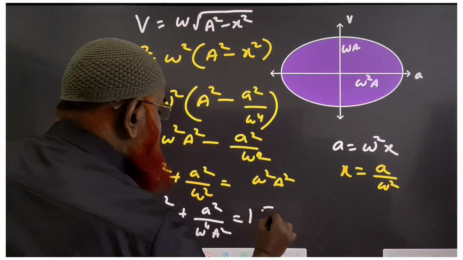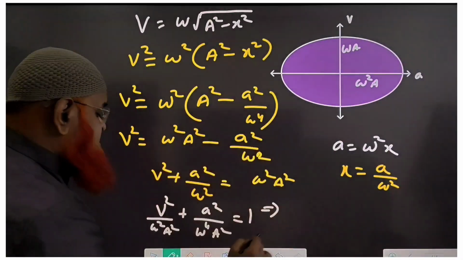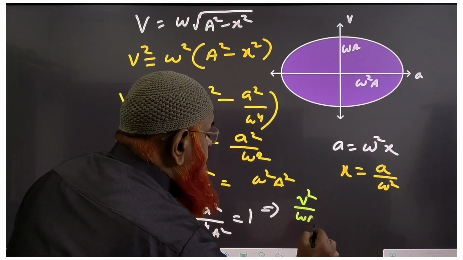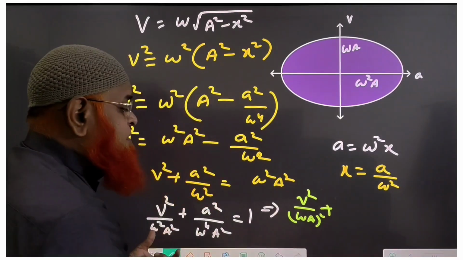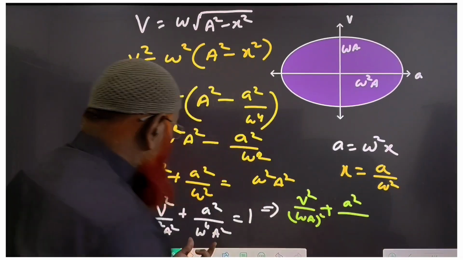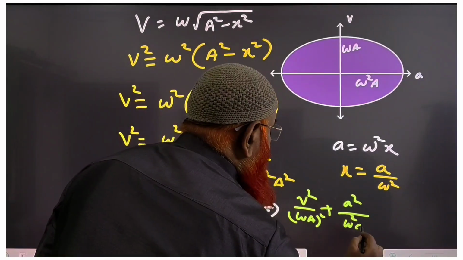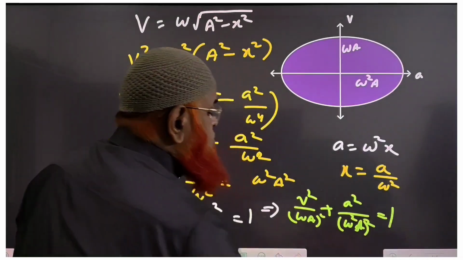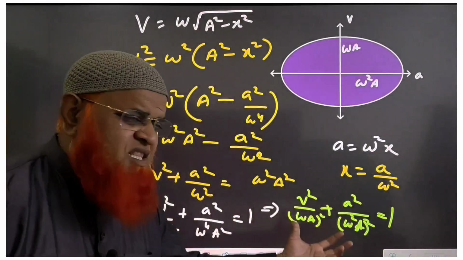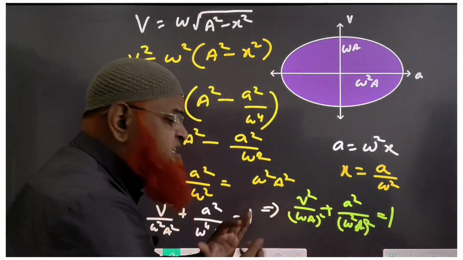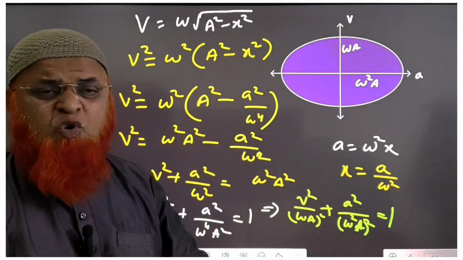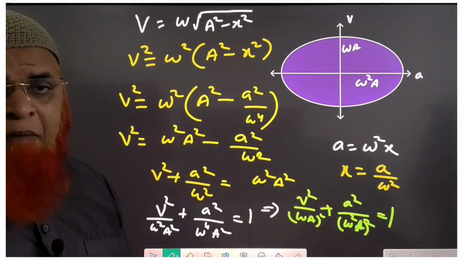The final step you are going to write like this: v square divided by omega a whole square plus capital A square divided by omega square a whole square, which is equal to 1. That's it. So this is in the form of an ellipse. This is said to be the equation of an ellipse. Therefore, the velocity acceleration graph is going to have the shape of an ellipse. That's it.